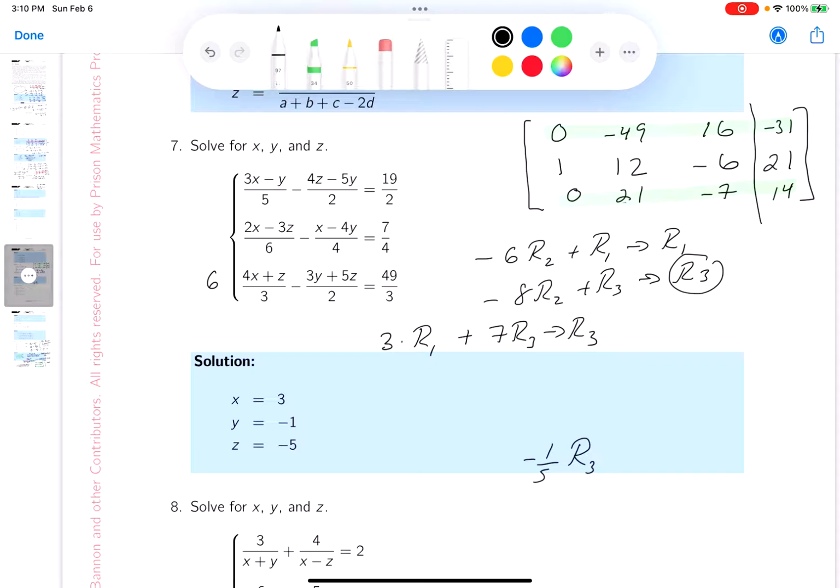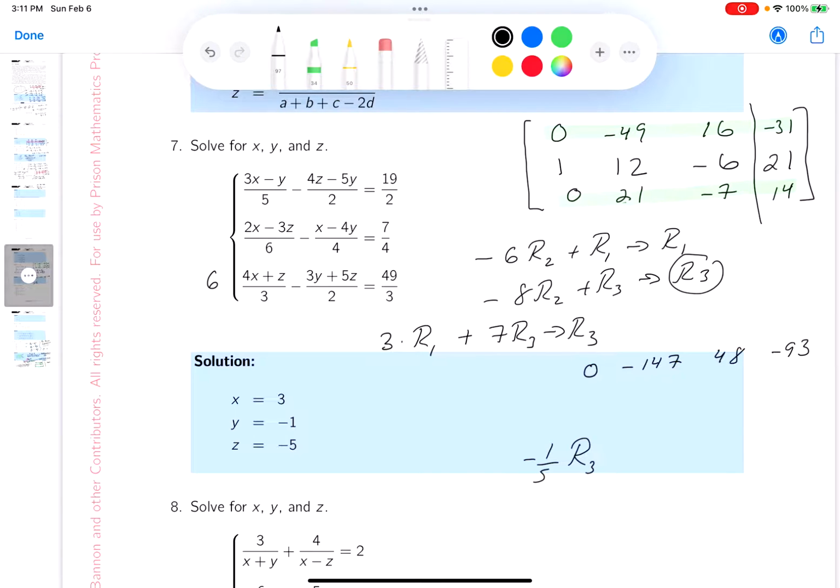Let's write this down. So 3 row 1s would be 0, minus, well, let's see, 147. And again, just doing 3 times row 1, 3 times 16 is 48, and 3 times 31 is minus 93.